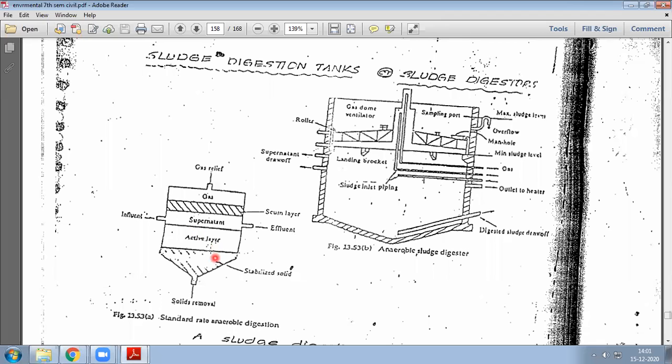So the methane gas will be released here and also carbon dioxide. So once it is mixed here, some other type of supernatant liquid is also released and they will collect it as effluent. Okay. So since it's completely closed, right? So only gas will be generated and it takes around 30 days. Once it is put in, it takes 30 days to generate gases, and the gas is collected.